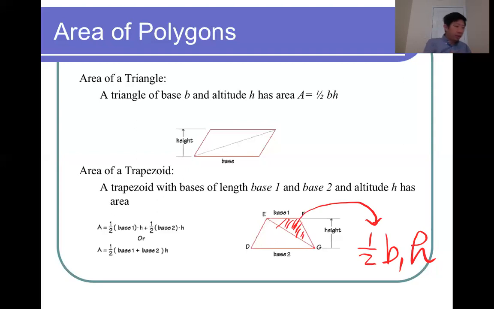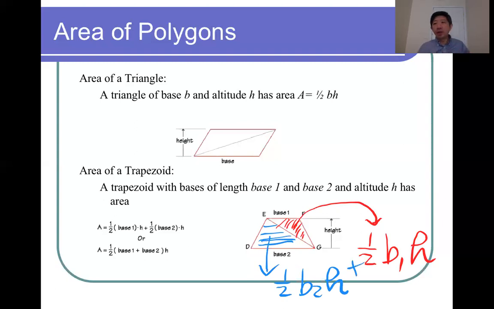Now, what about this area? I'm going to shade it in another color, a blue color like this. Therefore, this one is 1/2 base 2 times the height. Does that make sense to you? If I add them together, that will be the area of the trapezoid.